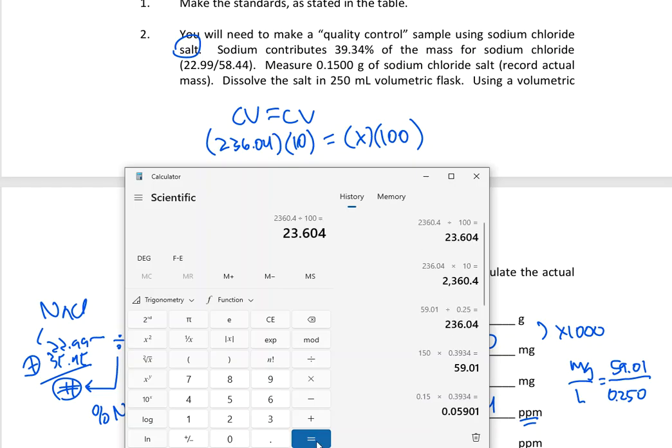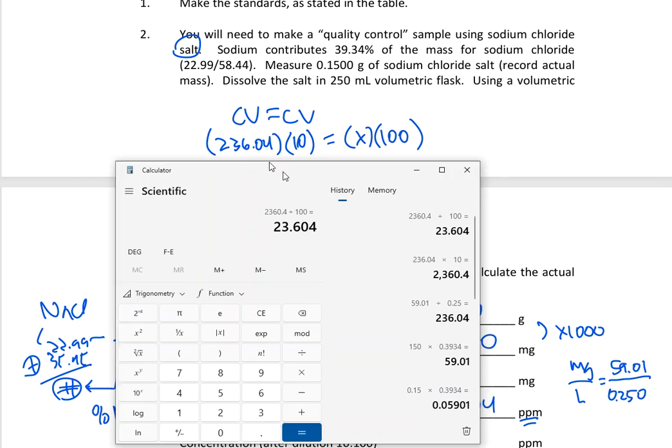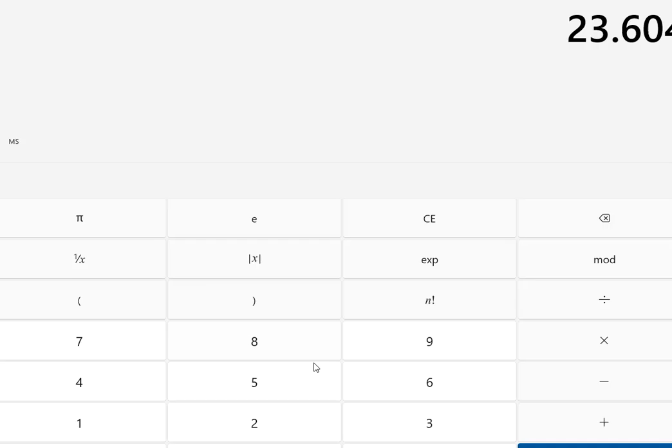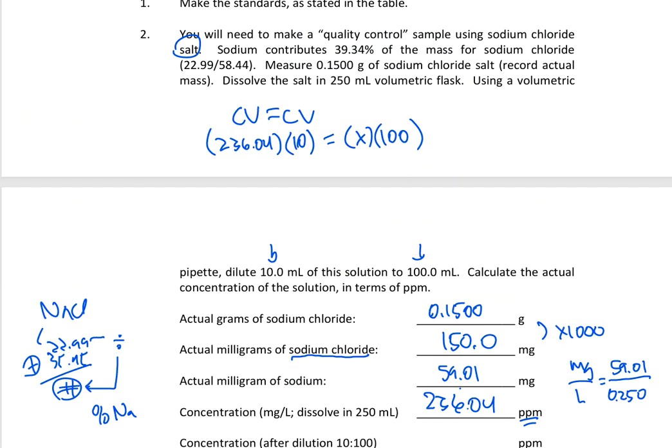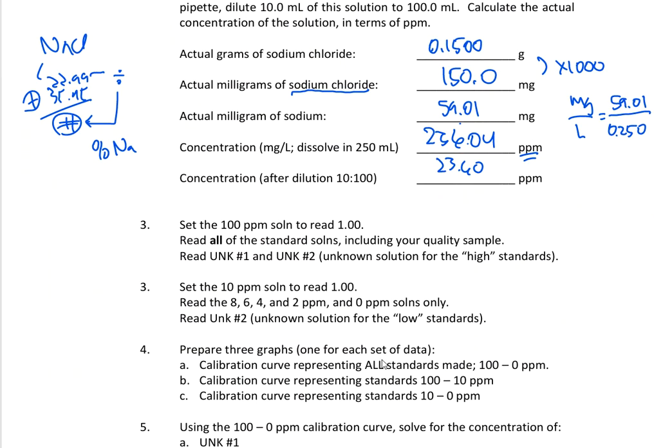And this gives me 23.60. All right, so 23.60 is the diluted concentration of the quality control check that I have prepared.